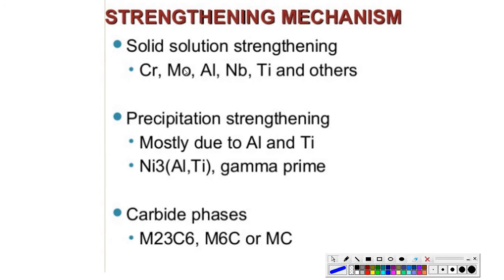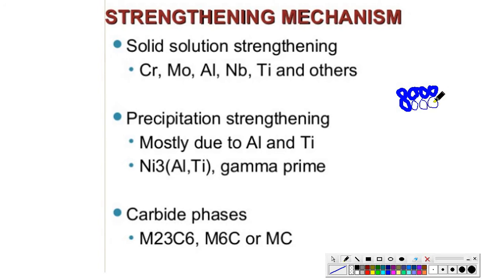We already know what solid solution strengthening is. That is nothing but alloying. There will be a regular crystal lattice of the base metal. Okay, this is the base metal crystal lattice.